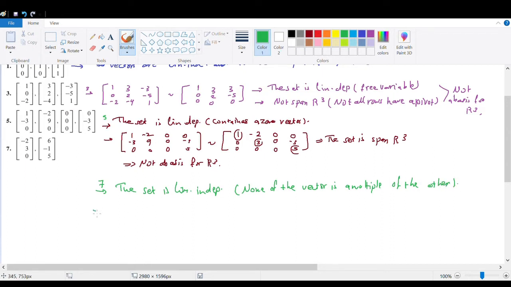For the span of R3, we cannot have 3 pivot rows since we have only 2 columns. So it does not span R3, and from here we conclude that the set is not a basis, because it does not span R3.